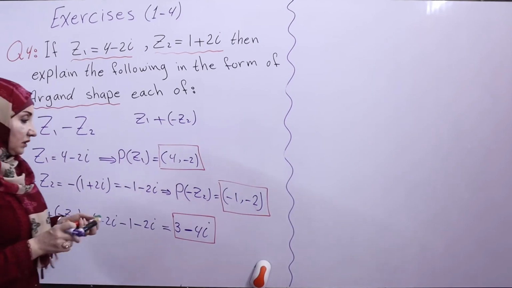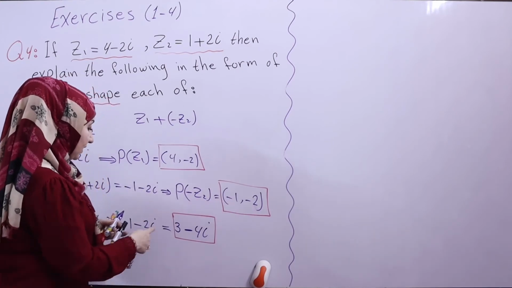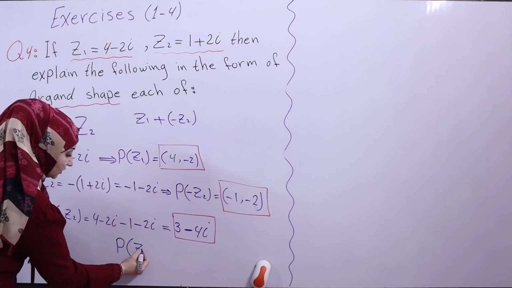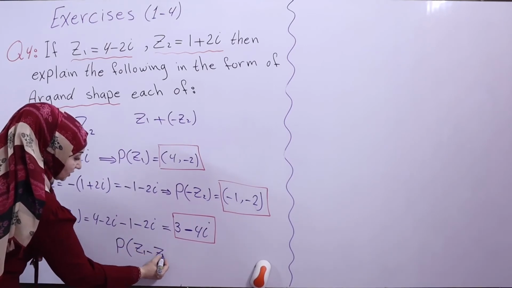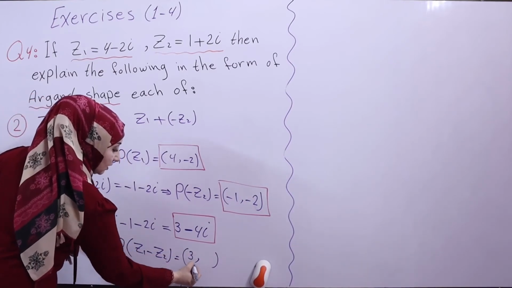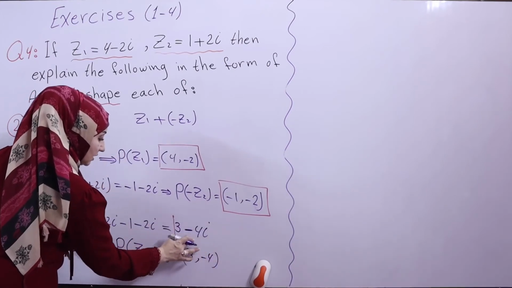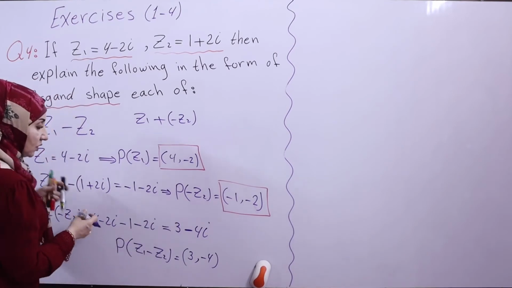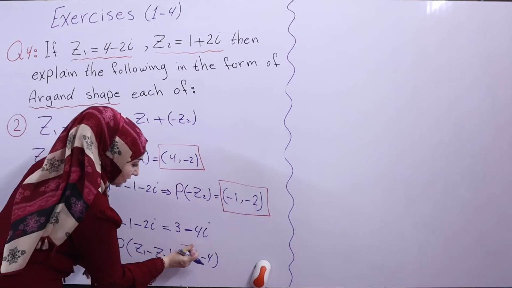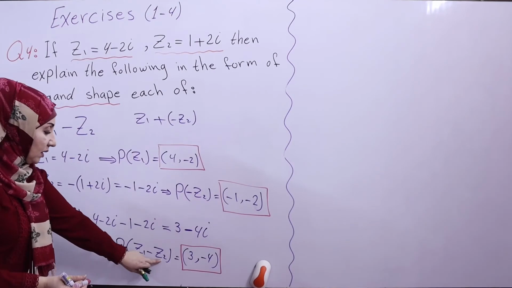So now we can represent these ordered pairs in the coordinate plane. The ordered pair, the point of Z1 minus Z2, will be the ordered pair 3, negative 4. Sorry, this is the complex number which represents the subtraction, but I want to find the ordered pair which represents the subtraction of the two complex numbers.